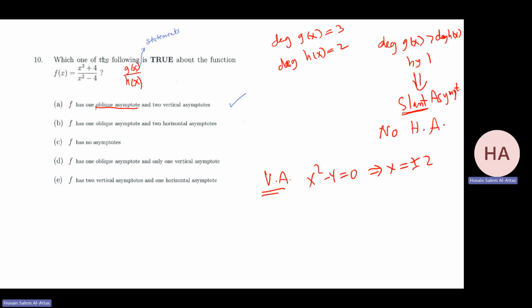G at 2 and G at minus 2, both of them are not equal to 0. So we have vertical asymptotes here. It will go to infinity. So we have non-zero over 0, which will go to plus or minus infinity, depending on right or left. But at the end, we have 2 vertical asymptotes. That's it.